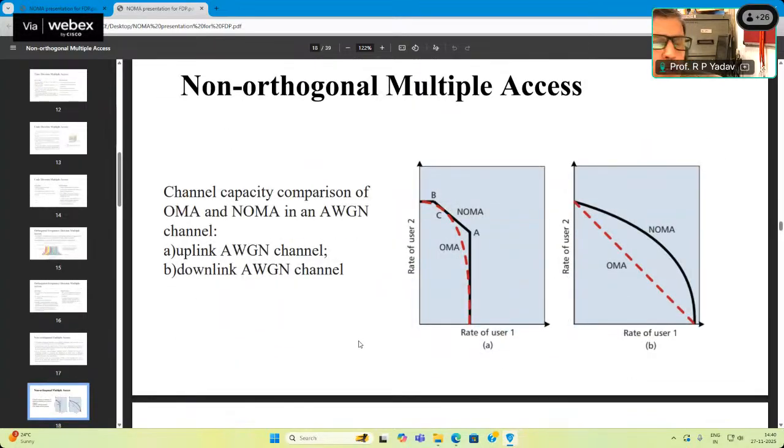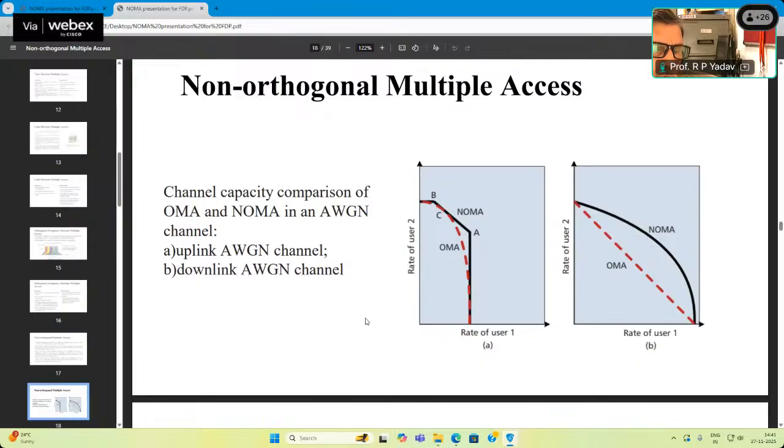If you look at non-orthogonal multiple access and the channel capacity, the first question may be: how does NOMA improve the speed? We have 1 GB, and we are promising 10 GB in 5G systems. You can see from the graph the rate of one user to two users.